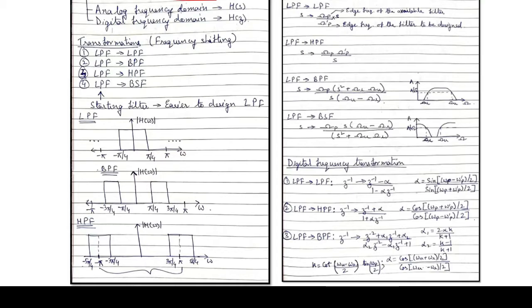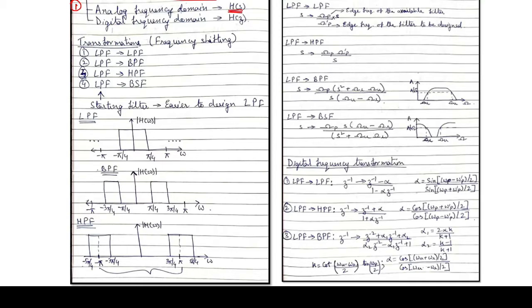The frequency transformation can be implemented in either of two methods. In the first case, you apply the frequency transformation in the analog domain only, that means in the H(s) function only.